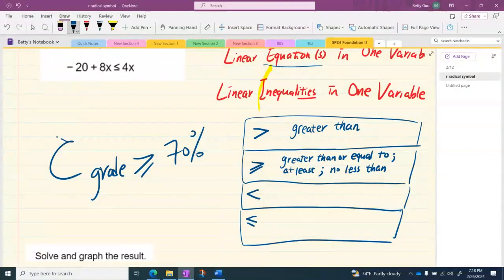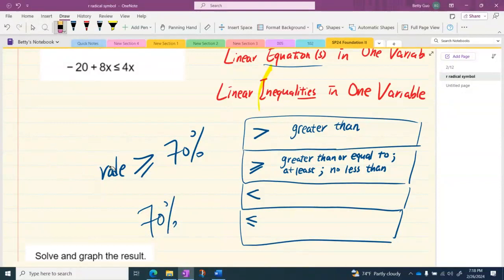So that means bigger than or equal to 70%, or at least 70%, or no less than 70%. That means the same thing. It means either you get exactly 70% or more than that, 71, 72, or 70.5. So that is what that notation means.